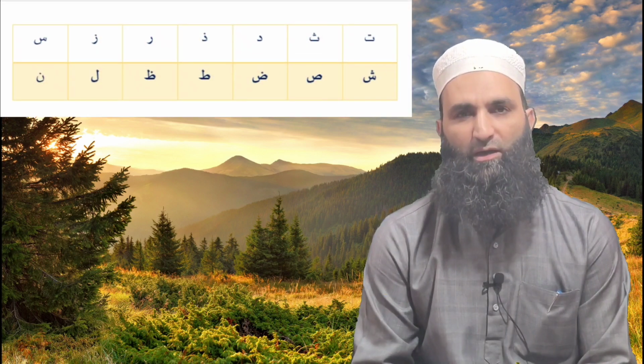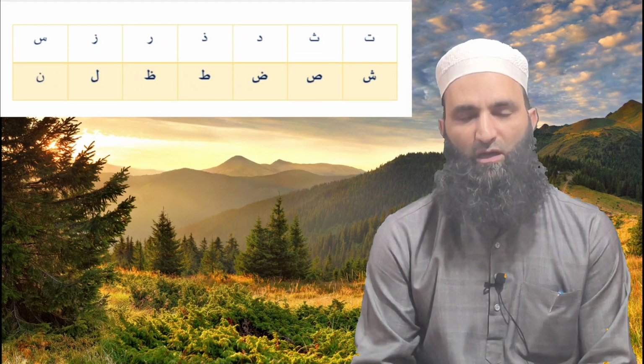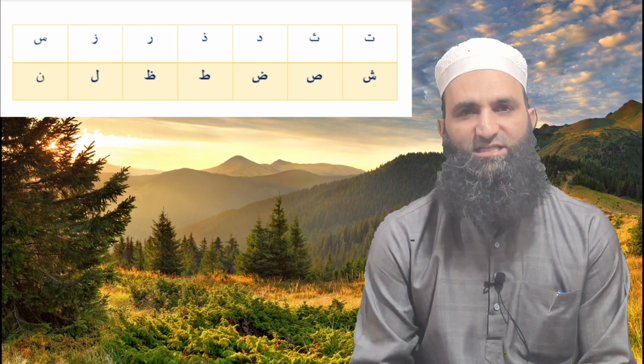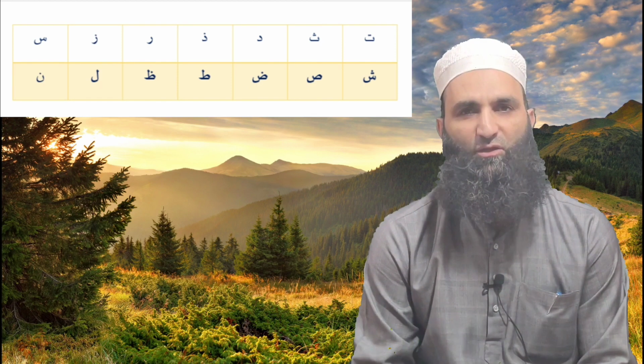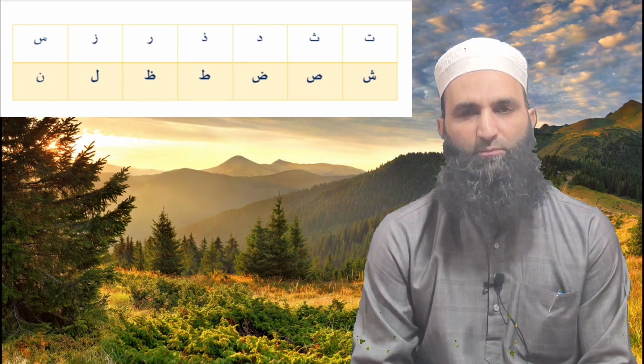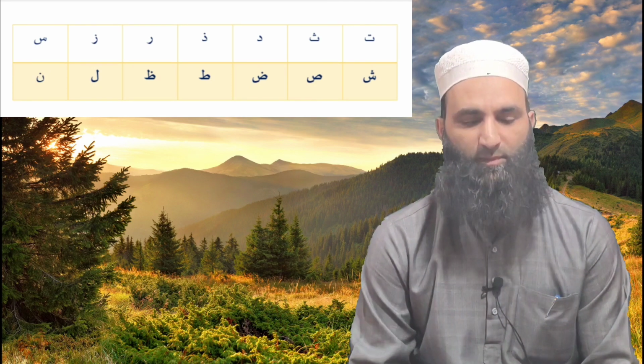that is alif lam, the definite article, begins with one of the following 14 letters, these letters are: ta, sa, dal, zal, ra, za, sin, sheen, sad, dad, ta, za, lam, and noon.